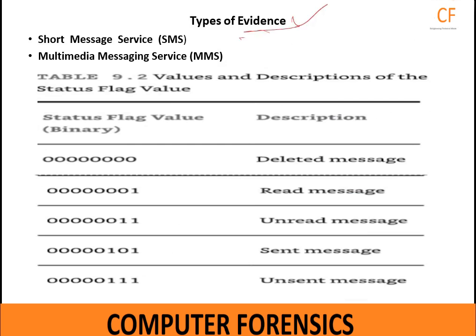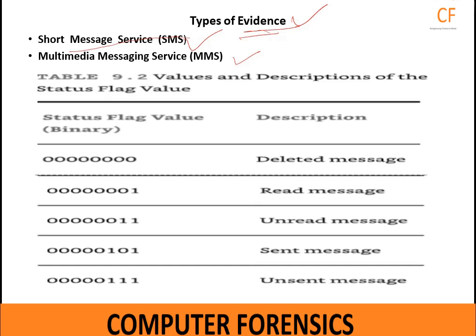The types of evidence. The range of evidence available from a cell phone is quite different from what can be obtained from a laptop or desktop. One of the primary differences is the existence of SMS messages. SMS is a text message communication service found on mobile devices. These text messages can be found in memory on a mobile handset or on a SIM card in the handset.